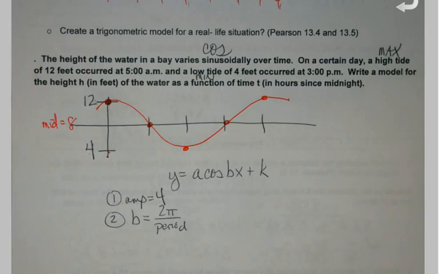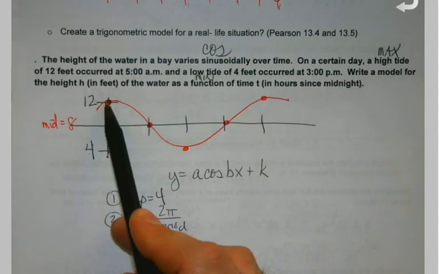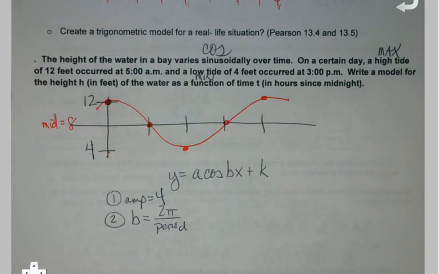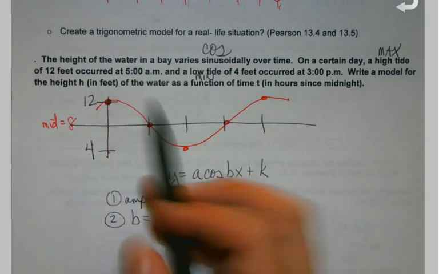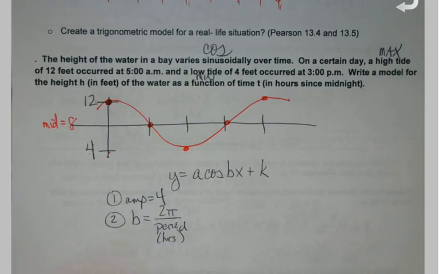So, you're like, but wait a minute, I don't know the period. Sure I do. 5 a.m. is where I started. Okay, I hit my bottom down here at 3. So, how long is it from 5 to 3? Because that number of hours is what I'm going to be looking for.